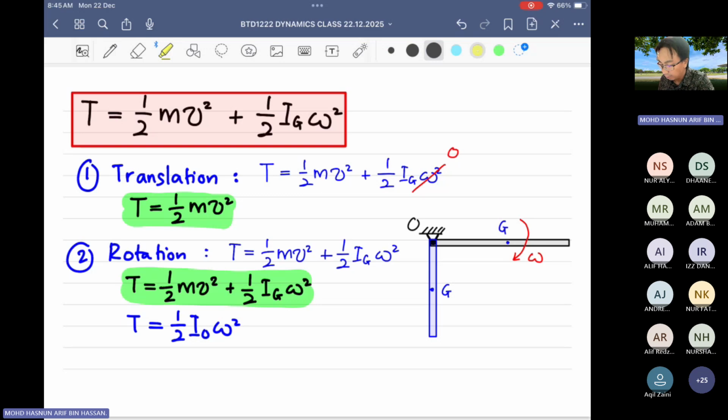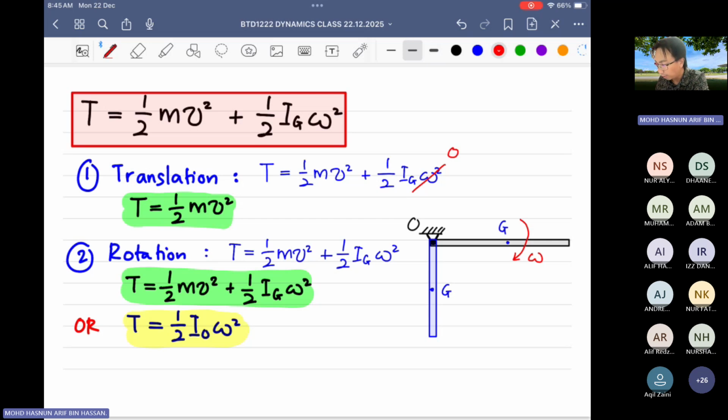Either you use the first equation, 1/2 mv² plus 1/2 Ig ω², or you use 1/2 Io ω², and this will give you the same answer. So basically, for rotation, you have two options, it's either the first equation or the second equation.